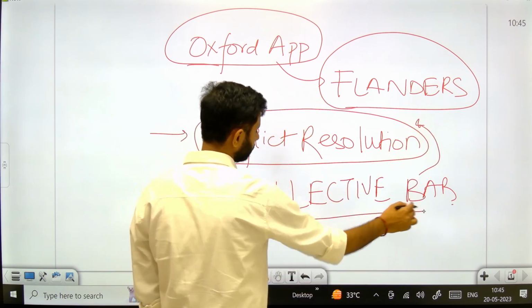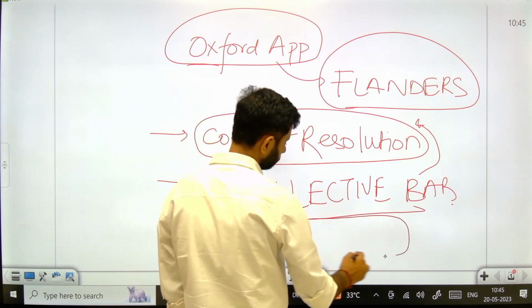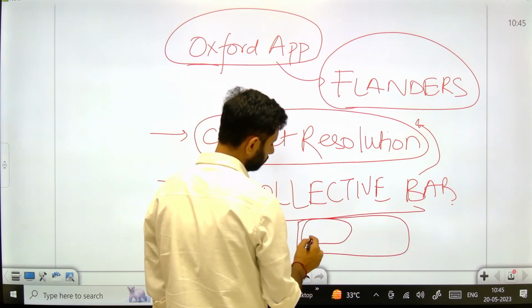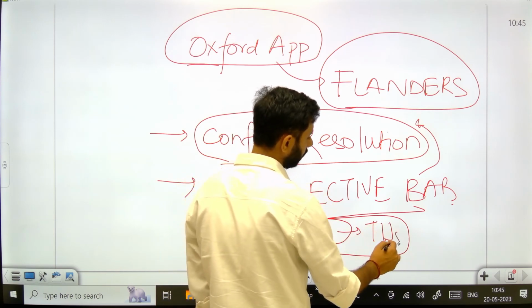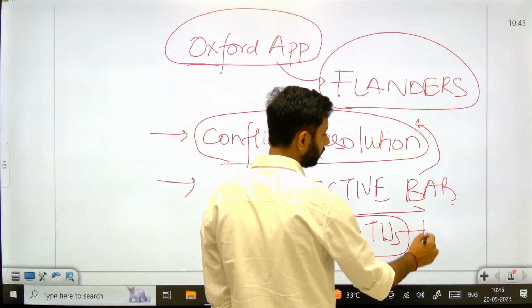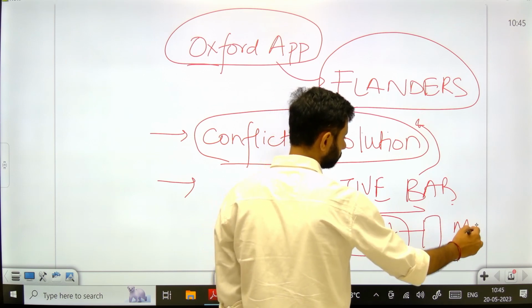Collective bargaining refers to a collection of people, that means workers, represented through trade unions, asking and presenting their demands to the management.